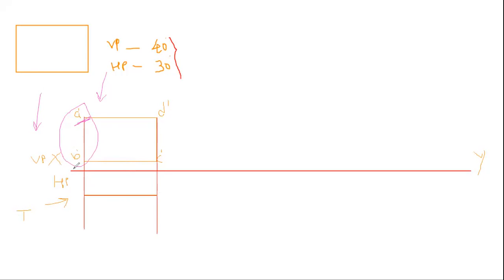A dash. So A will be there outside, A. Then B will be there in bracket because it is underneath. And C is near or far? Far. So it will be in bracket.